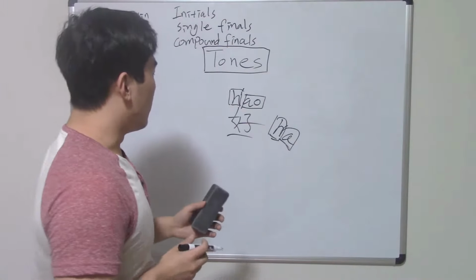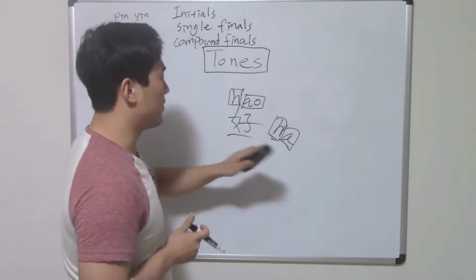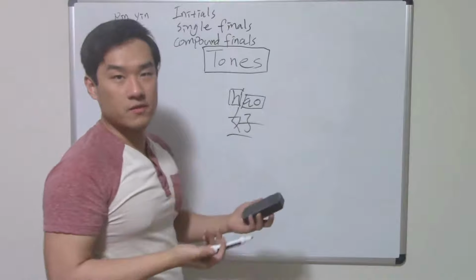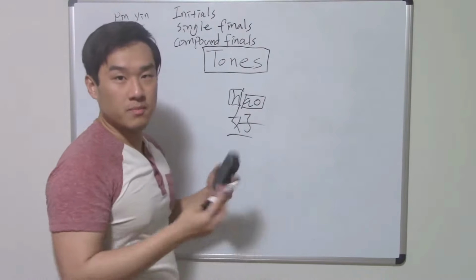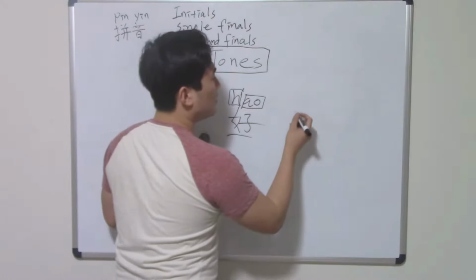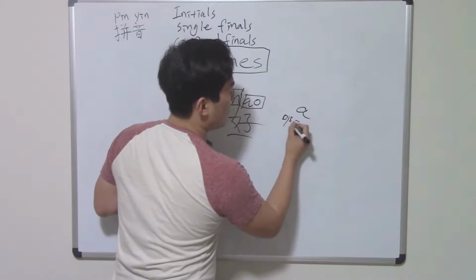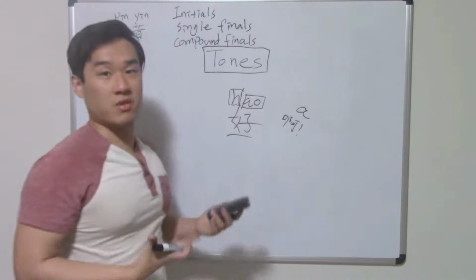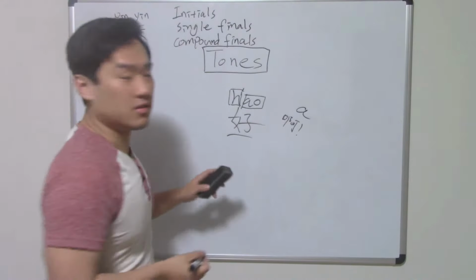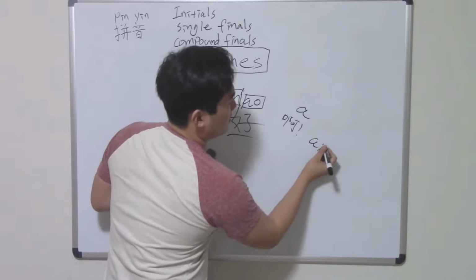And there are only a couple of ways you can write a pinyin. It's either single finals by themselves or compound finals by themselves. For example, a single final by itself can simply mean a word like ah, just expressing what's going on. Or it can be a compound final, like ai.